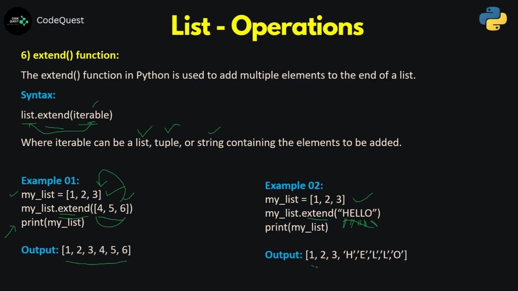So 1, 2, 3 we already had in the existing one. When I extend with this hello, I'll be getting 5 items included into this list, that is H, E, L, L and O.